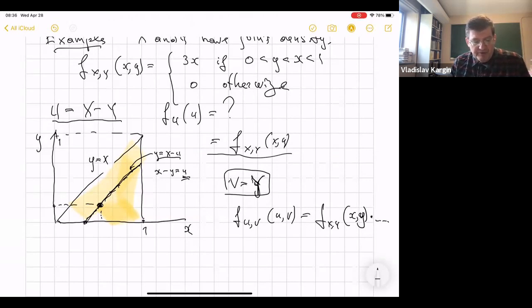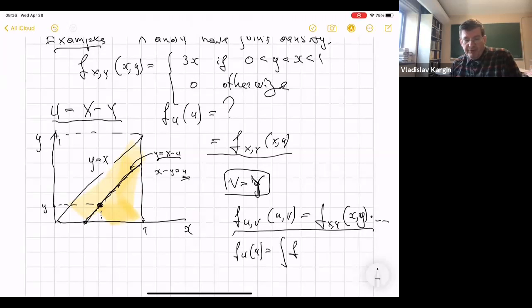So if you specify Y, and after that you figure out the joint density of U and V, you just integrate out V. So after that you write that f_U(u) is equal to the integral of f_{U,V}(u,v) dv, over something.